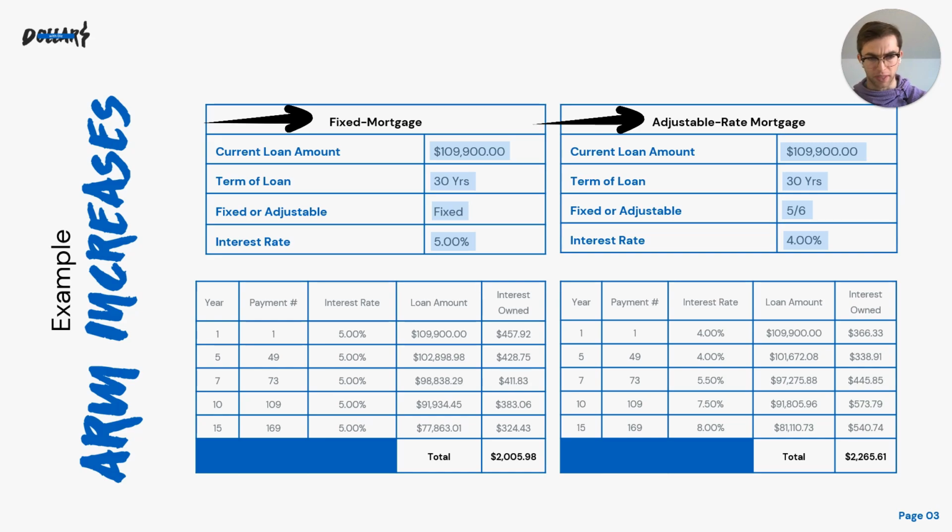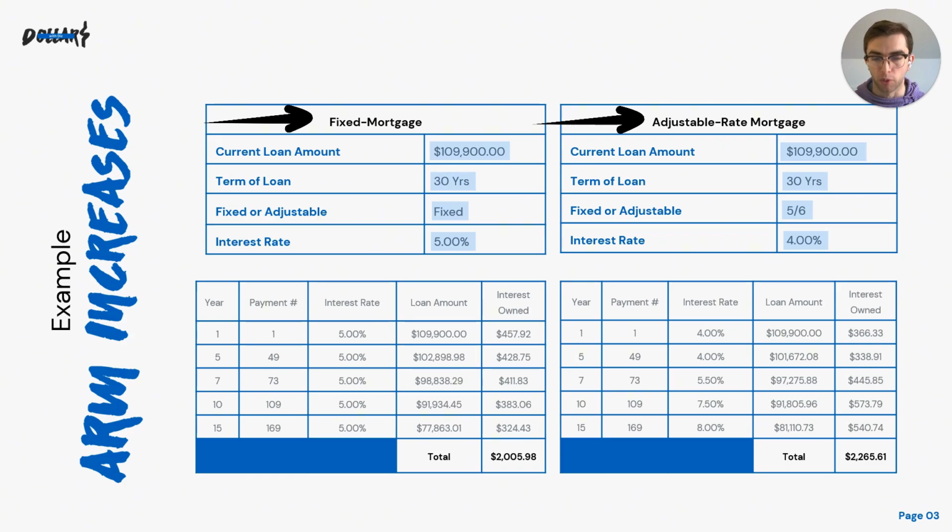On the right, same thing, but as you can see in the interest column, our interest rate is increasing based on the adjustable nature of the mortgage. So when you add all of this together, you can see our total interest paid, and again, this is just pulling out a few specific payment dates.